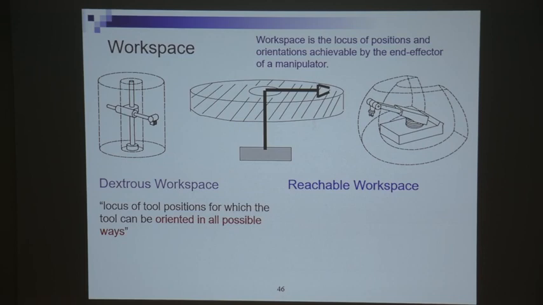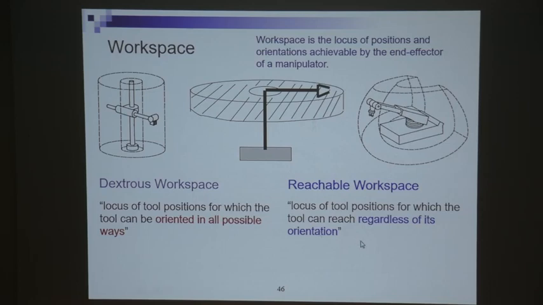So this will be a dexterous workspace. A reachable workspace means that I can reach the point regardless of orientation. Even if I only have one way of reaching that point, this is considered a reachable workspace.